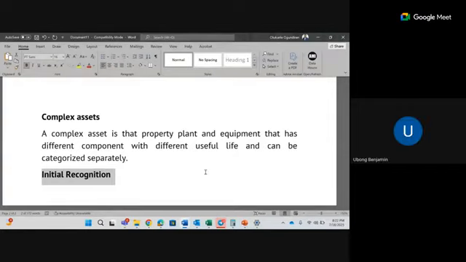Now we have initial recognition. Yes, sir. Recognition of an asset.